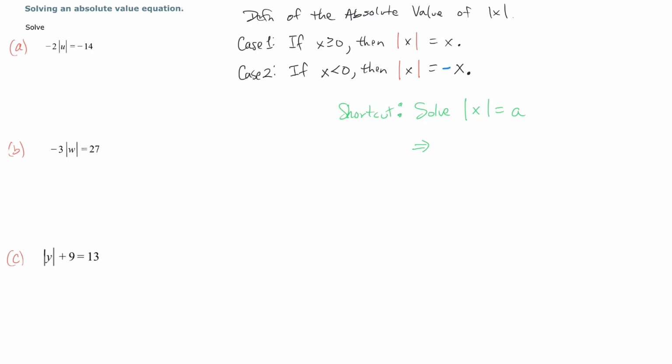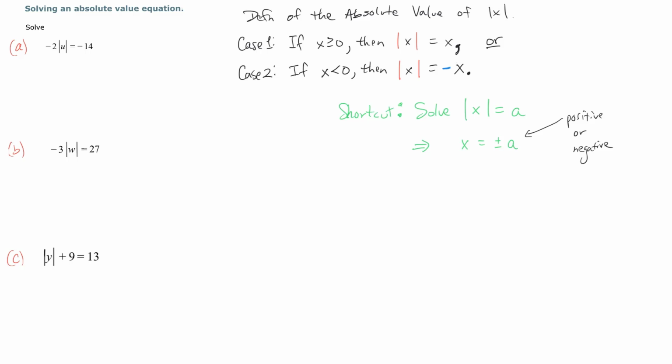What you could write next, on the very next line, is x is equal to plus or minus a, because it's really a case situation. So you either have case 1 or case 2. That's a comma. So when we read this, we really should say positive or negative a. Or you could say positive or opposite of a.